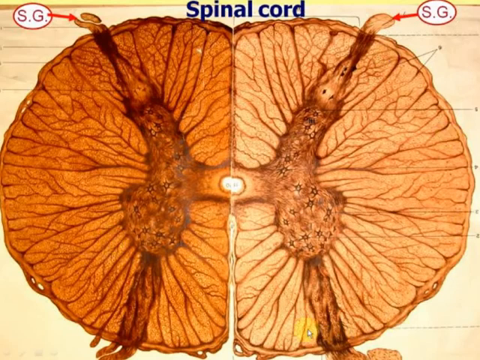The spinal cord consists of two symmetric parts, halves. In the center of the spinal cord is situated the gray matter, which looks like a butterfly or the letter H. It consists of thicker anterior or ventral horns and thinner posterior or dorsal horns.